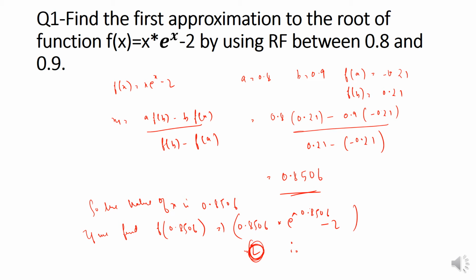Therefore, the regula falsi RF method finds the root for sure. So now we will see one more question. After that, I think this RF method will become very clear.